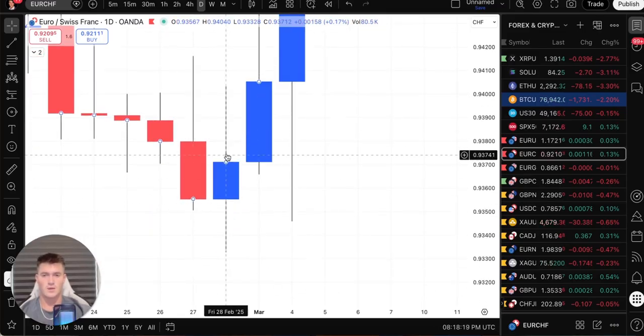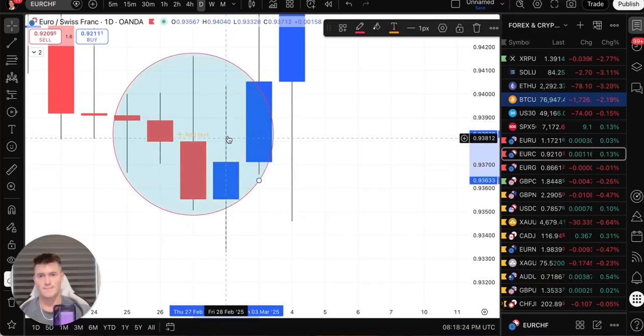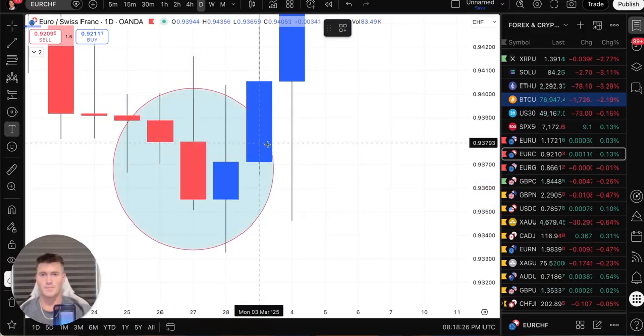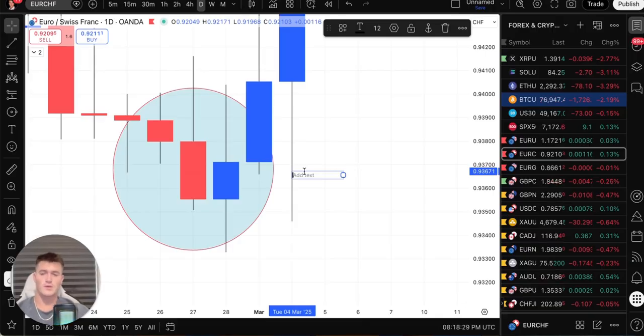Right here, I would consider this a tweezer bottom pattern. So this tweezer bottom pattern is a reversal pattern indicating that price is going to start going up. So tweezer bottom pattern indicates that price is reversing now to the upside.